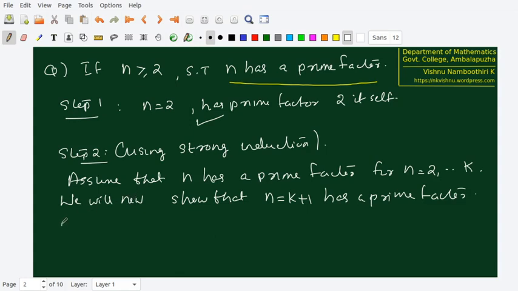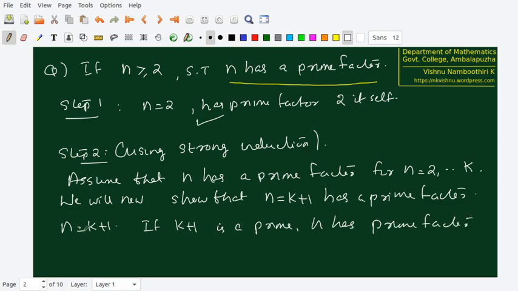So n equal to k plus 1. If k plus 1 itself is a prime, as in the initial case n equal to 2, then it has already a prime factor, that is k plus 1 itself. If k plus 1 is a prime, n has prime factor or prime divisor k plus 1 itself.